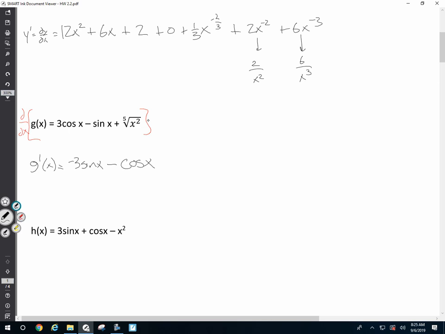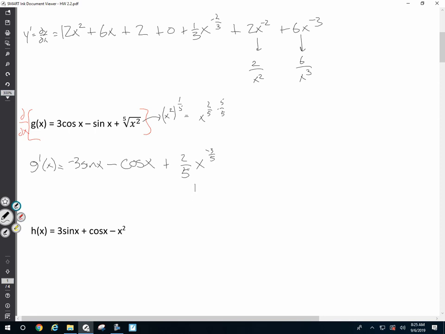The 5th root of x squared. Rewrite this as x to the, what is it, 5/2, 2/5? Let's think. That's x squared to the 1/5. That's x to the 2/5. Okay. Bring the 2/5 down. Subtract 1. That would be subtracting 5/5. That's negative 3/5.